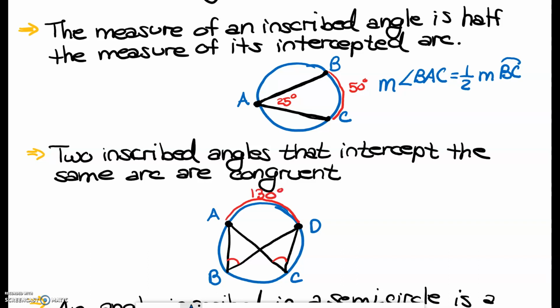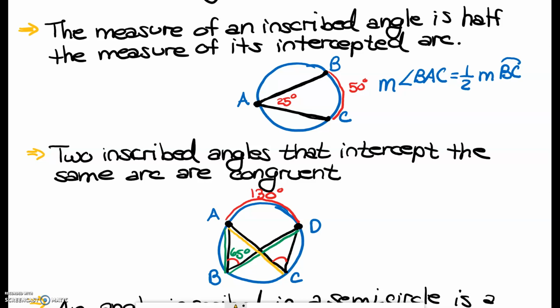Well, when I take a look at angle ABD, remember from the theorem above, ABD is half of the intercepted arc. So ABD must equal half of 130, so it's 65 degrees.